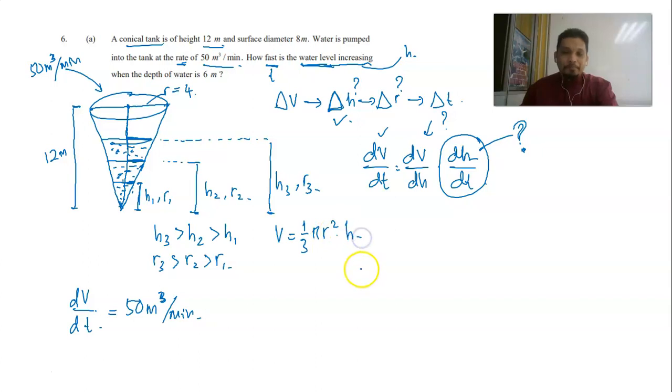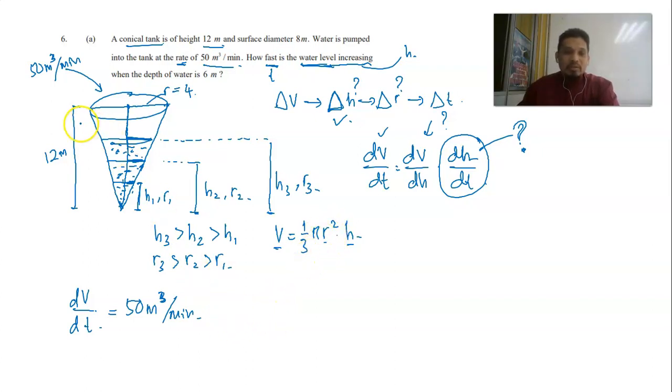Now we've got three variables here: V, r, and h. So we are going to find dV/dh, meaning what about this r?